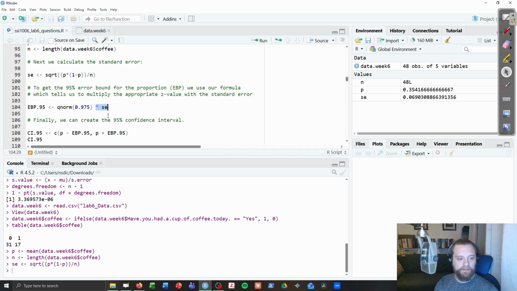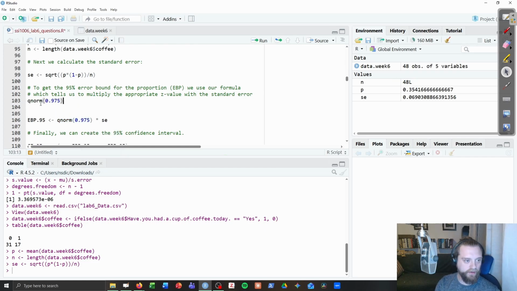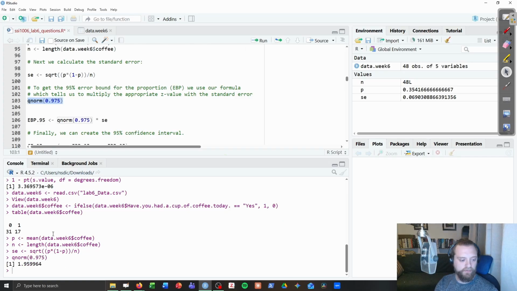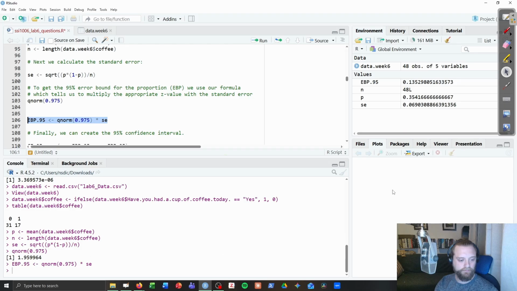And what we do to get the x values is just multiply the number that we get from this. So if we want to see what number we get from this, we can just run this on its own. So qnorm of 0.975, we get about 1.96. And we multiply that by our standard error. And what this gives us is what we call the error-bound proportion, which in this case is 0.13.